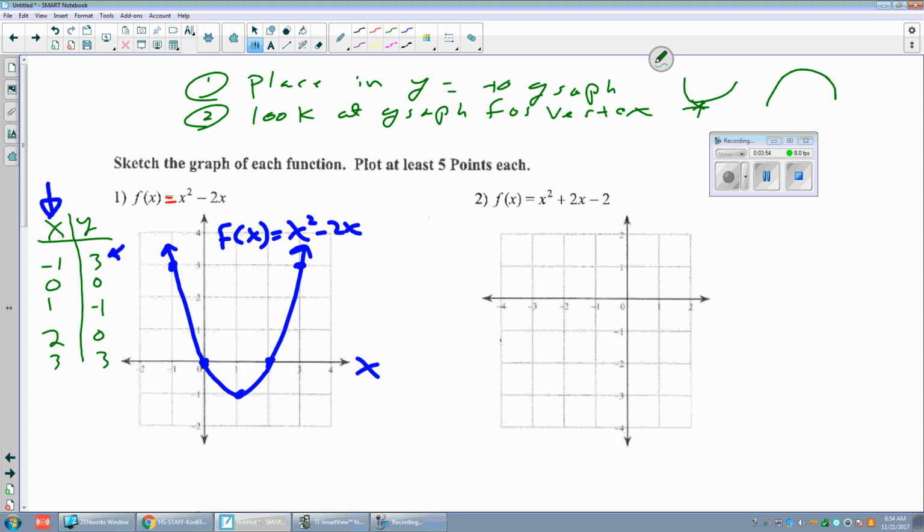Don't forget the vertex can be on the top also. Okay, look for vertex. Number 3, go to table and place vertex in middle of table.